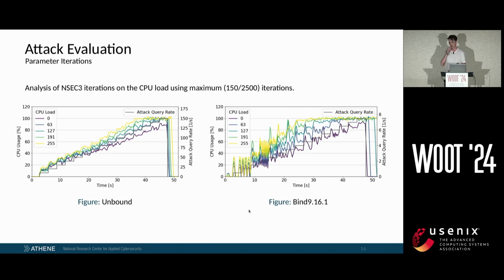Then in the next step, we tried to find out what happens if we add a salt to this. By adding a salt, you can see that this attack actually gets worse. In each iteration, the salt has to be applied. And because of the way hash functions process longer inputs, that also leads to more computational load on the cryptography of validating responses.